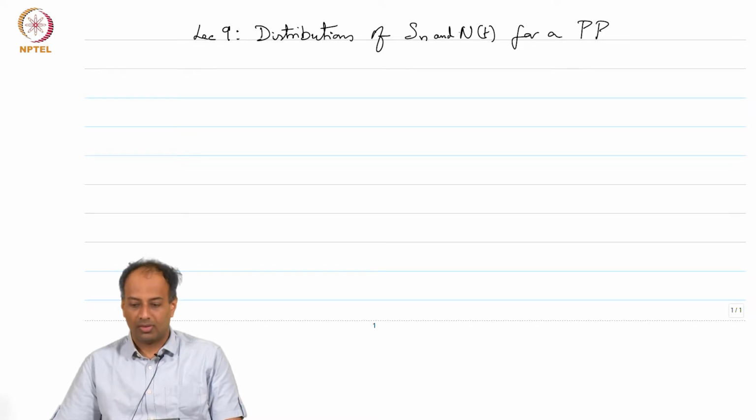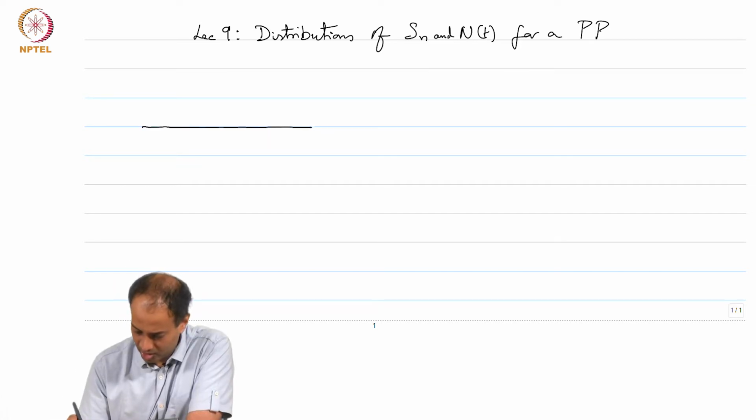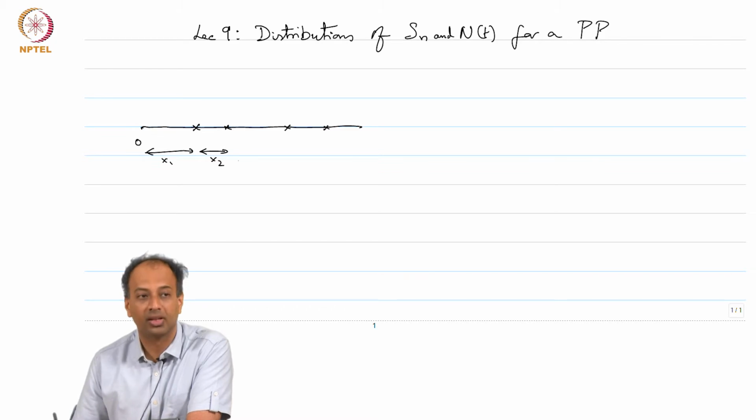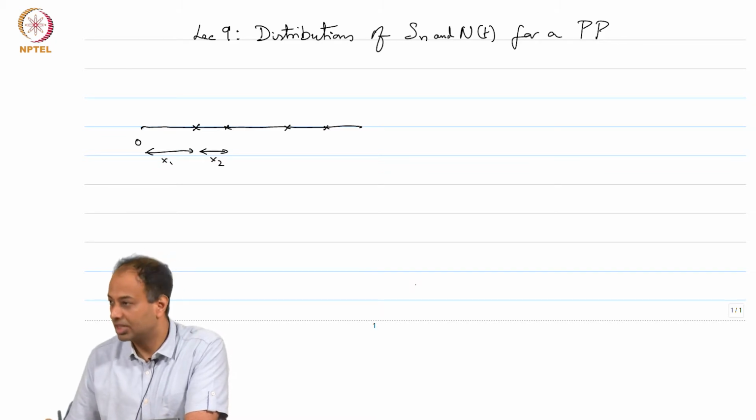Good morning. Today we will discuss the distribution of the arrival epochs Sn and the number of arrivals until time t, N of t, of a Poisson process. Recall that we defined a Poisson process as a counting process where the interarrival times X1, X2, etc. are IID exponentials.